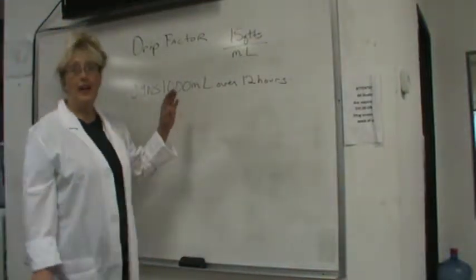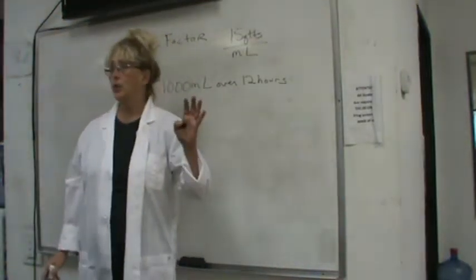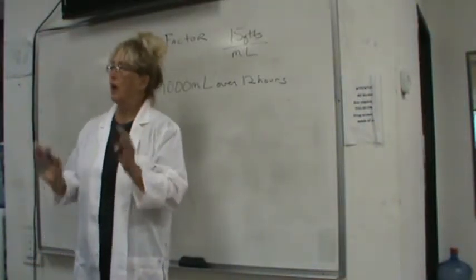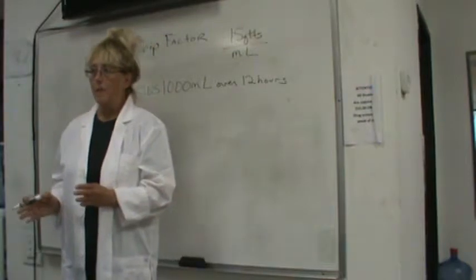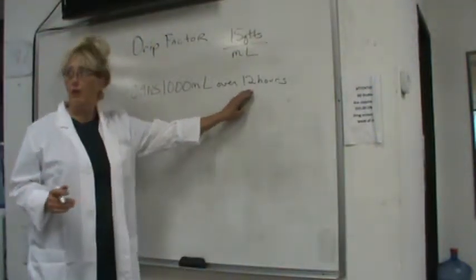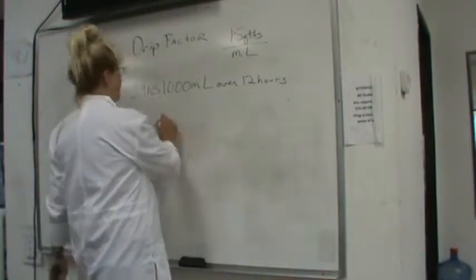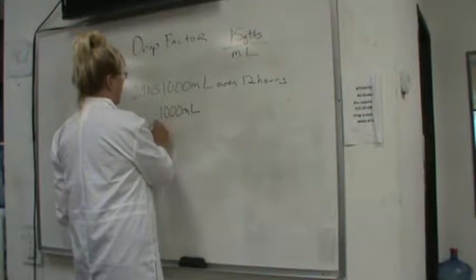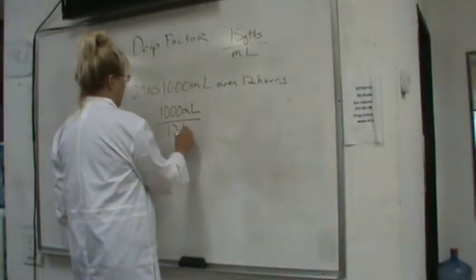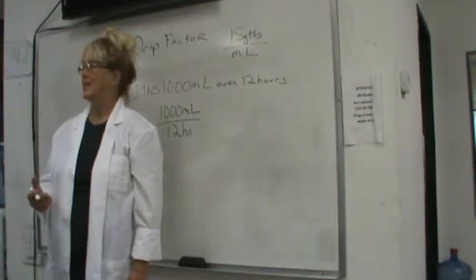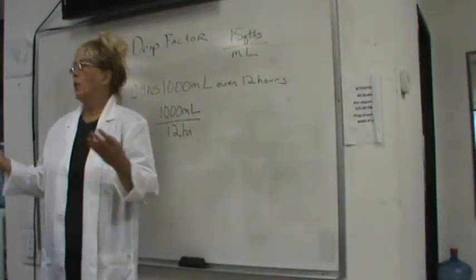The best way to learn how to do mathematical calculations in nursing is to always start with what's ordered. What's ordered is 1,000 mLs over 12 hours, so we're going to write it as a ratio. Then we're going to multiply by a series of constants so that we get drops per minute.